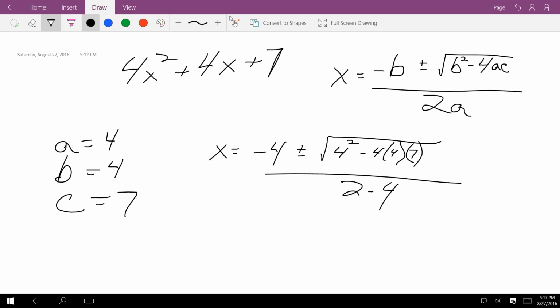And you'll notice that what's inside the radical sign is going to give me a negative number. When you take the square root of negative numbers, you get imaginary numbers. So this is a quadratic that does not have real solutions, but it has imaginary solutions.